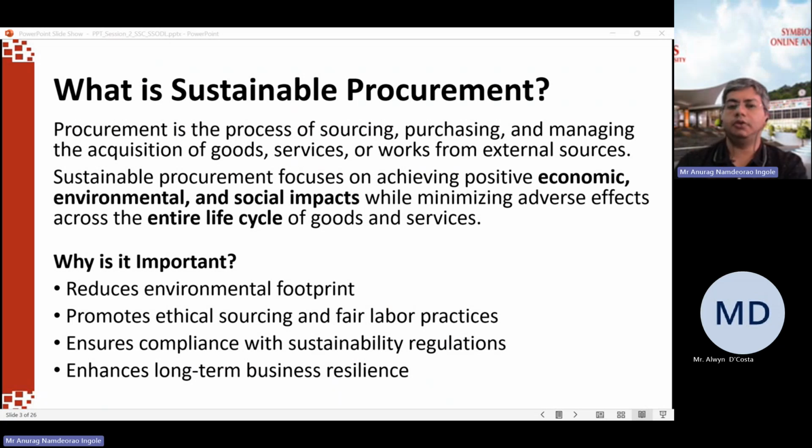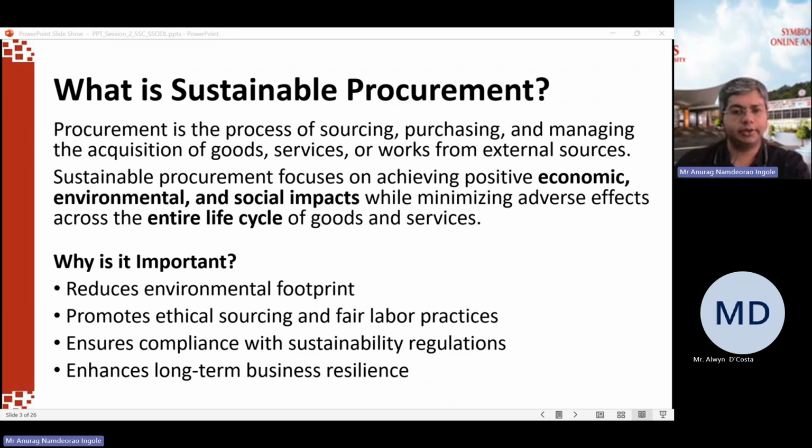We saw what the life cycle of goods and services is: raw material extraction, then processing of that raw material by our suppliers, then we as manufacturers manufacture the goods using the semi-finished products from our suppliers. Then those products go to distributors or retailers, and then to the users, who, after the complete use of the product, discard it, either disposing of it, recycling it, or just dumping it in landfills.